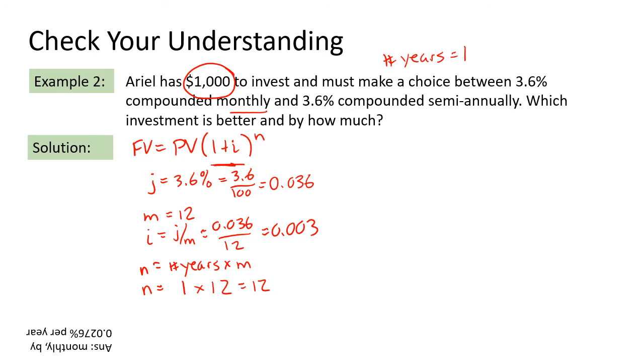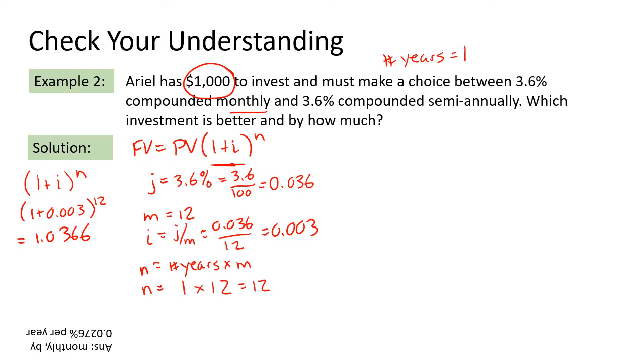So we want to figure out which one has the bigger multiplier. We substitute these values into 1 plus I to the exponent n, and we get 1 plus 0.003 to the exponent 12. Multiplying that out comes to 1.0366.